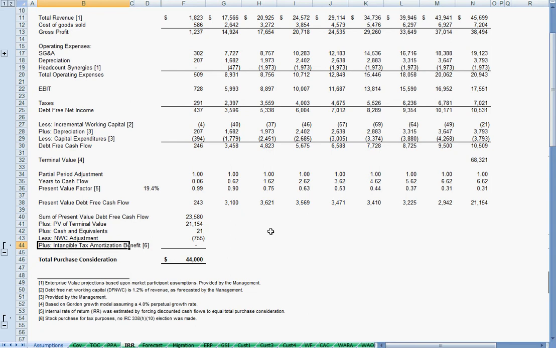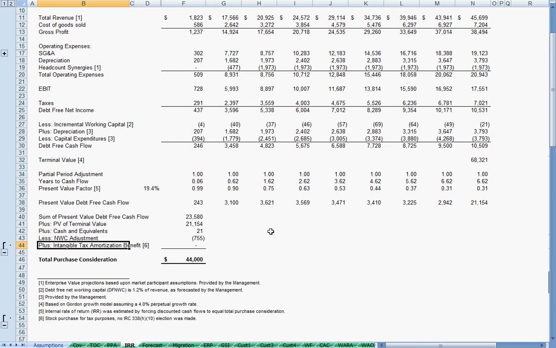If it's a stock purchase, then you have to ask the next question, which is whether the company made a so-called 338 election. The 338 election is the election for tax purposes that allows you to realize that step-up in basis and again leads to the benefit.